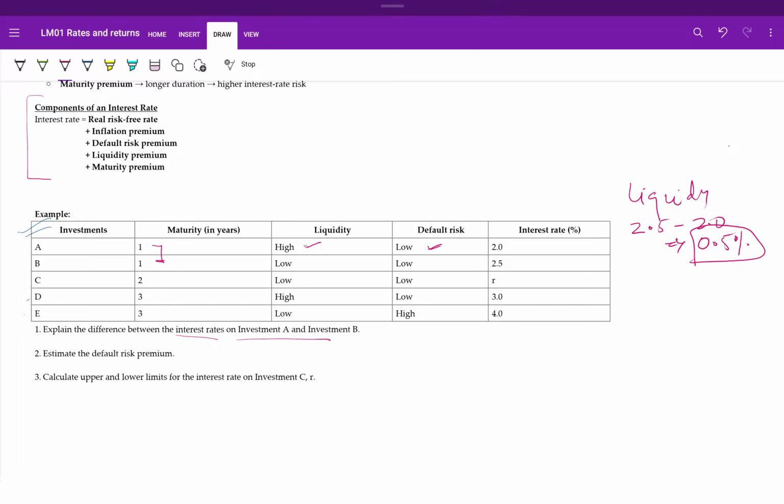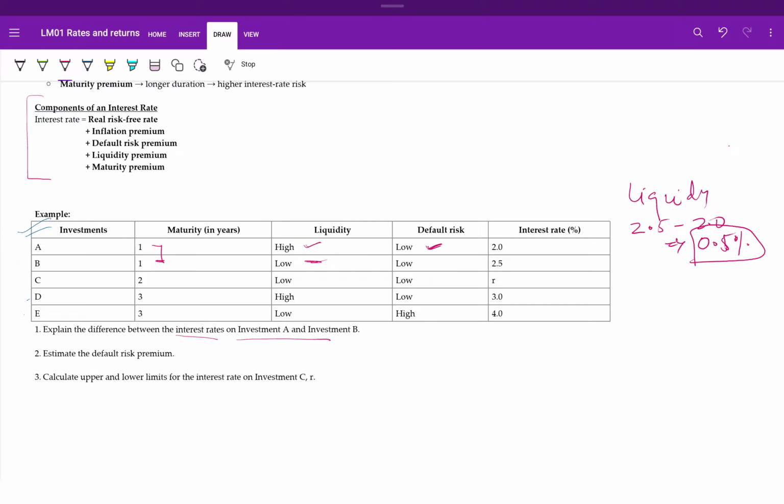Based on this data, the liquidity premium, sorry, not the default risk premium but the liquidity, for liquidity we can say that there is a difference of 0.5.